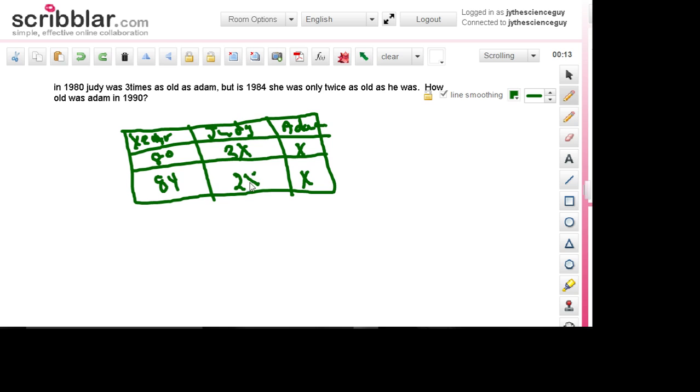Okay. So if I look at their age in 84, let's look at Judy's age. 3x plus 4 is going to be equal to, actually, when I go from this year to that year, how do these ages change?